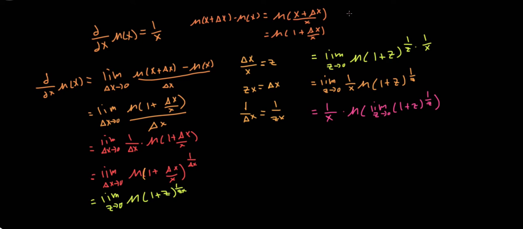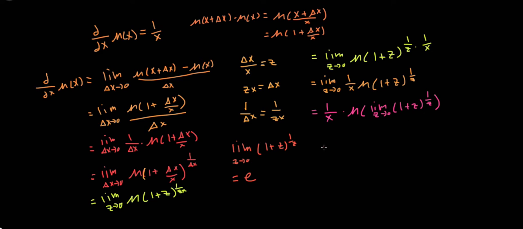So let's make some substitutions here. The limit as z approaches 0 of 1 plus z to the power of 1 over z, well, that is equal to e. So instead of all of that, we can write e.